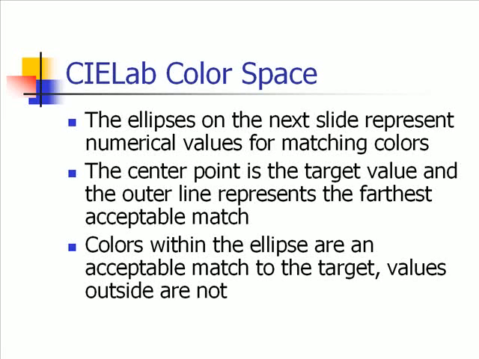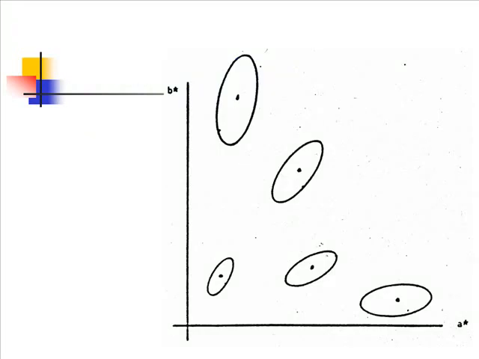The center point is the target value, and the outer line represents the farthest acceptable match. Colors within the ellipse are an acceptable match to the target value, outside are not. So we should have something that looks similar to the chromaticity diagram, and this is what we get. We end up with ellipses again. We don't get circles where it's uniform all the way around. We get these ellipses.